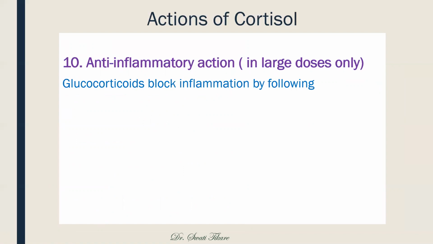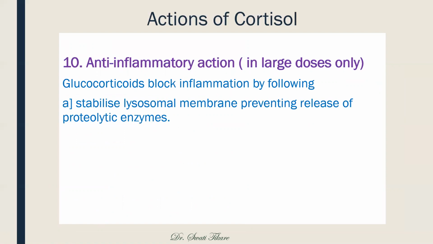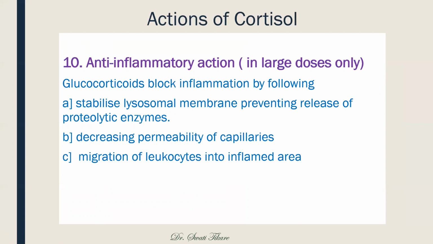So glucocorticoids block inflammation by doing the following things. First, they stabilize the lysosomal membrane, preventing release of proteolytic enzymes. Okay, so basically this is what they were doing, releasing the proteolytic enzymes, that is blocked. They decrease the permeability of capillaries, due to which there was a swelling there. Okay, they also prevent migration of leukocytes into the inflamed area.